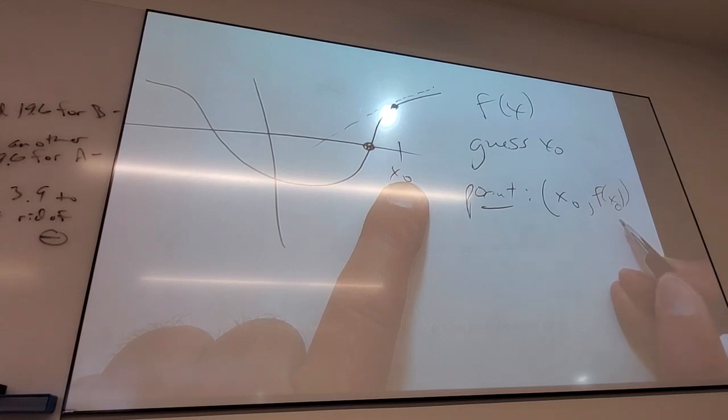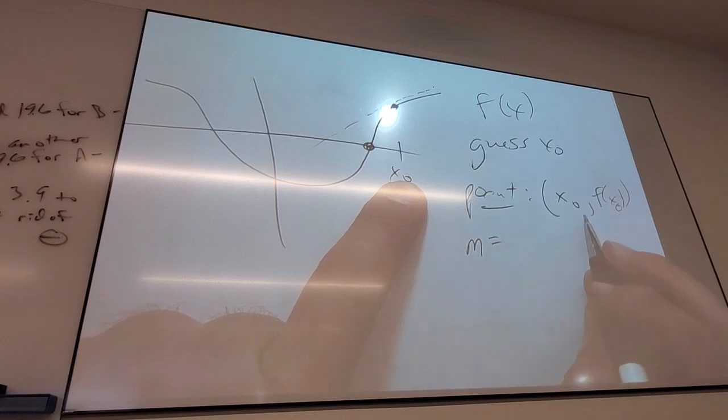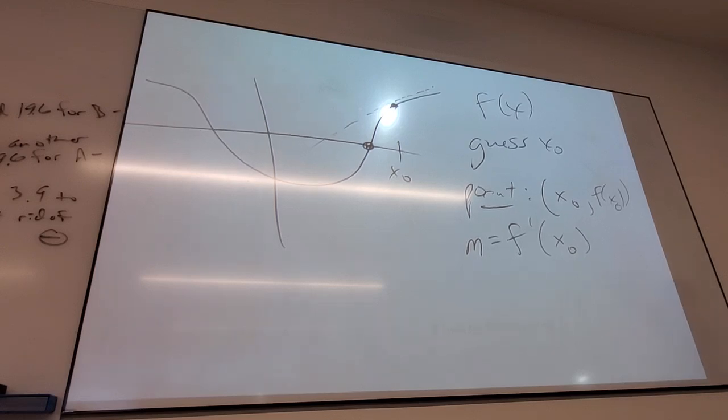What else do I need? Slope. Somebody's whispering to me, slope. What's the slope related to? The derivative at x0. Nothing different. This is just how you find the tangent line. This is what we do every time.